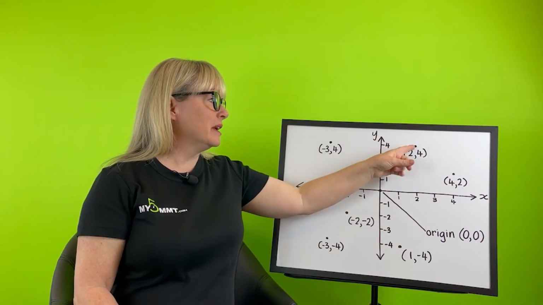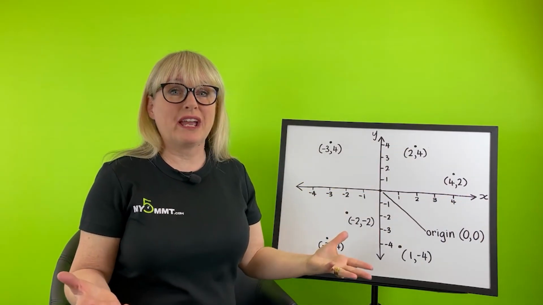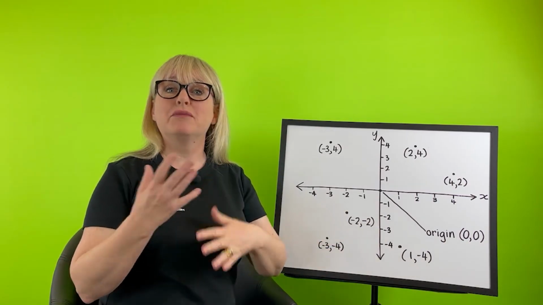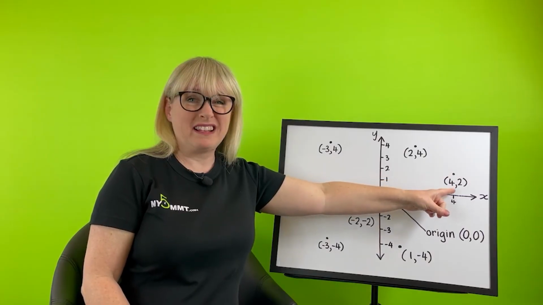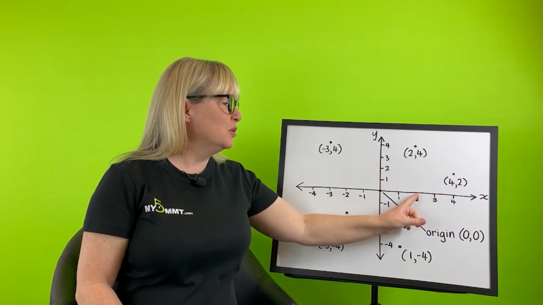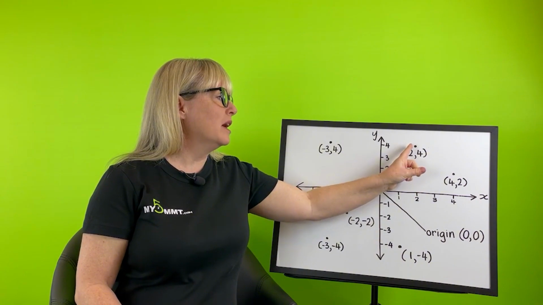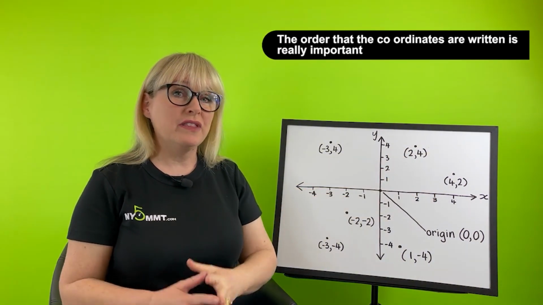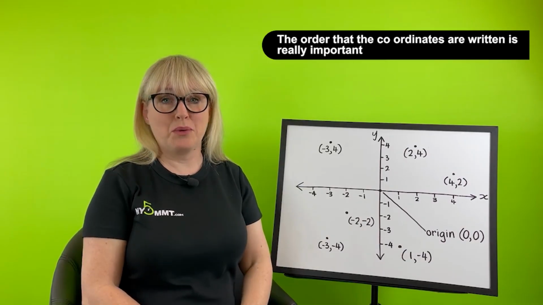Whereas this dotted point here is different. It's in a different location, and even though it's a 2 and a 4 in those coordinates, they're written in a different format to here. We've got 2 and then go up to 4, and that's why I write 2 then 4. So the order that you write the coordinates is really important.